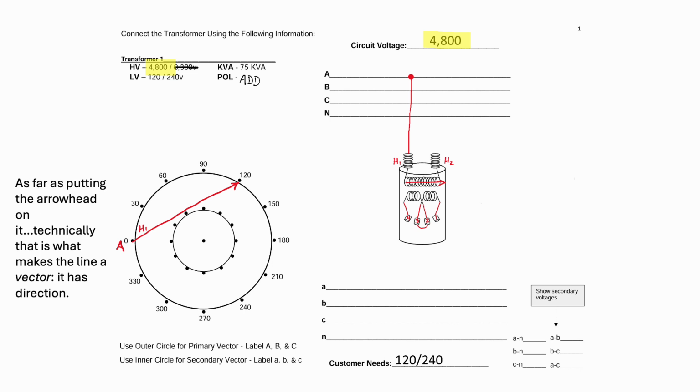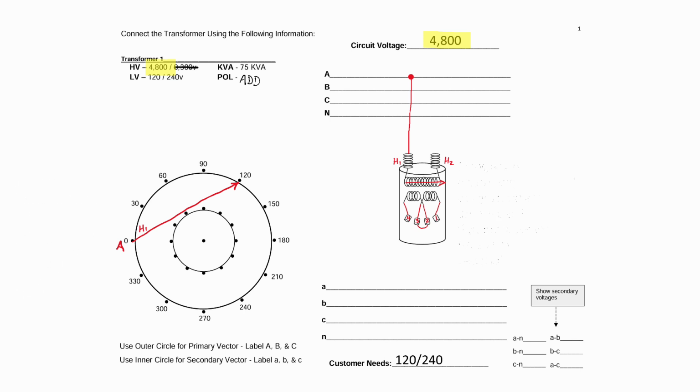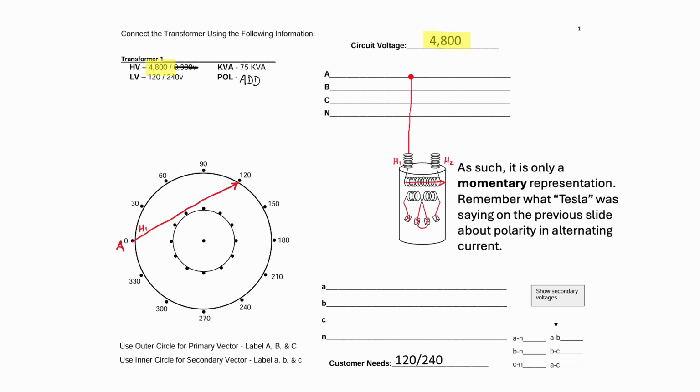As far as putting the arrowhead on it, technically that's what makes the line a vector. It has both a force and a direction. But the thing about alternating current is that arrowhead is flipping sides 60 times per second. As such, it's only a momentary representation of direction. Remember what Tesla was saying on the earlier slide about polarity and alternating current.